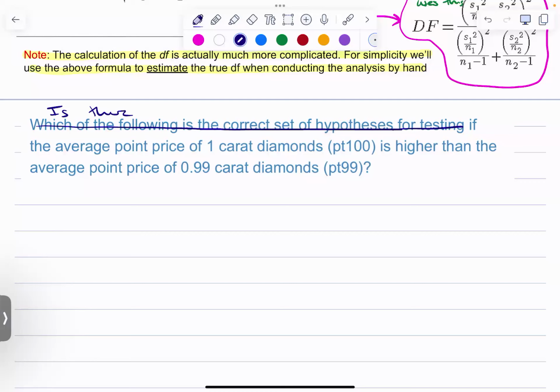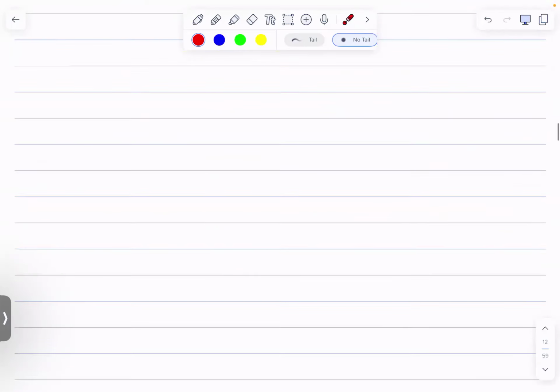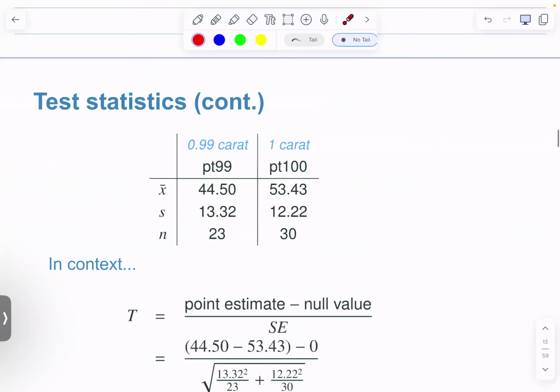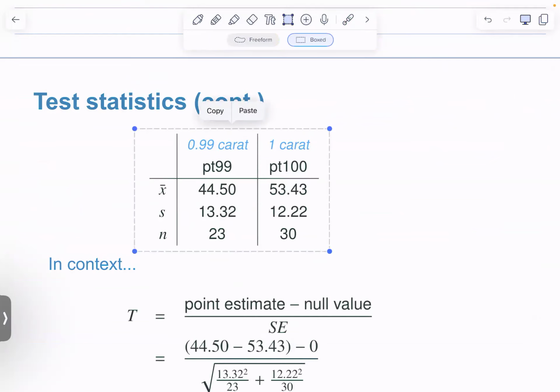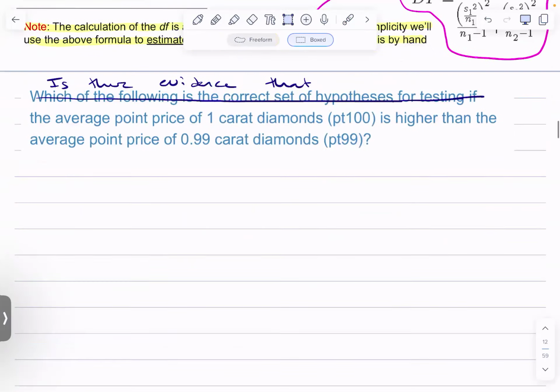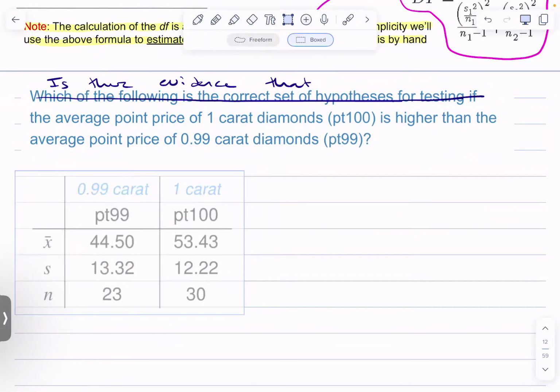Is there evidence that the average point price of 1 carat diamonds is higher than the average point price of 0.99 carat diamonds? Now I am going to snag where the data is and maybe rephrase the question potentially again.